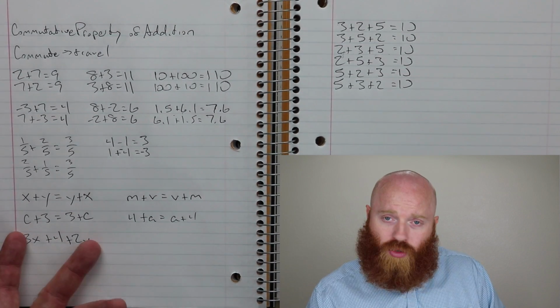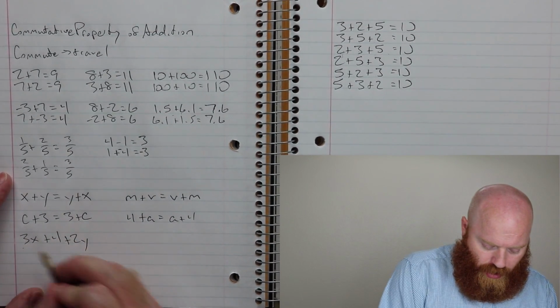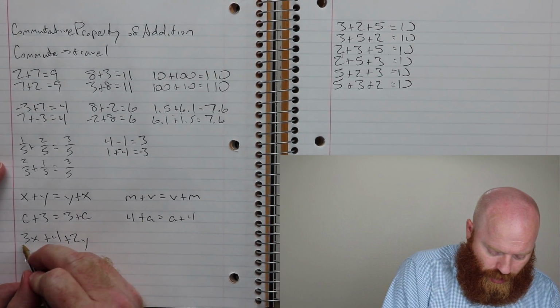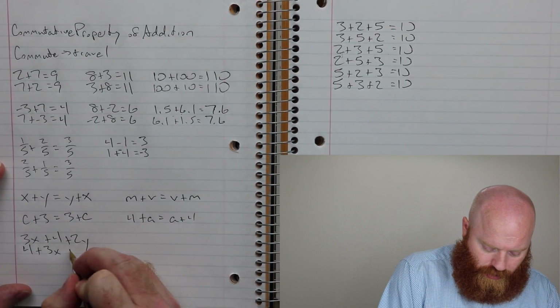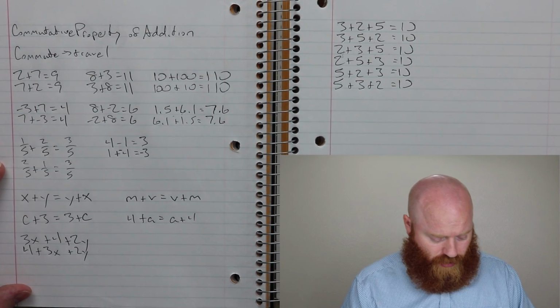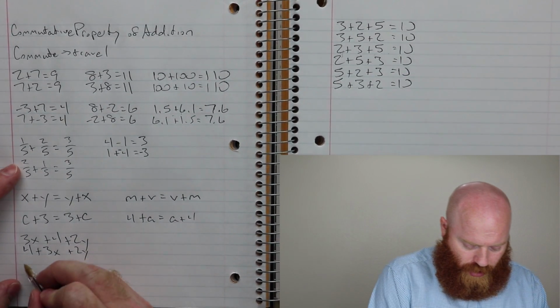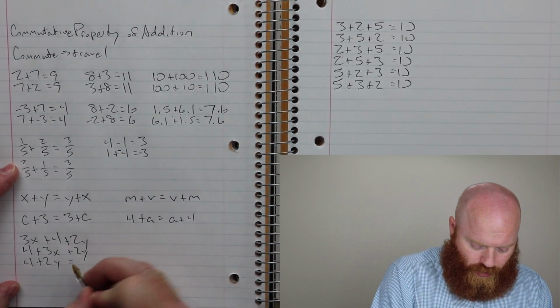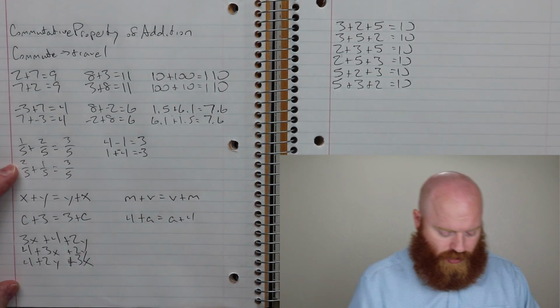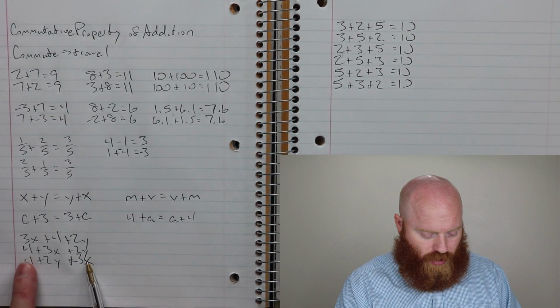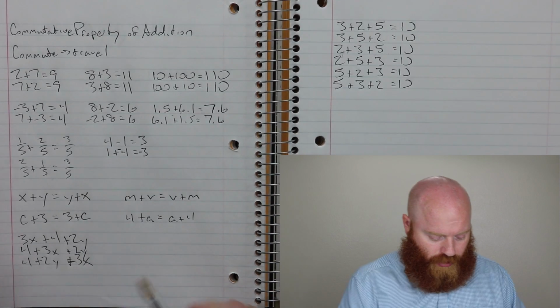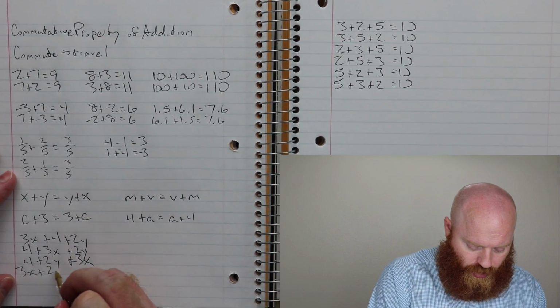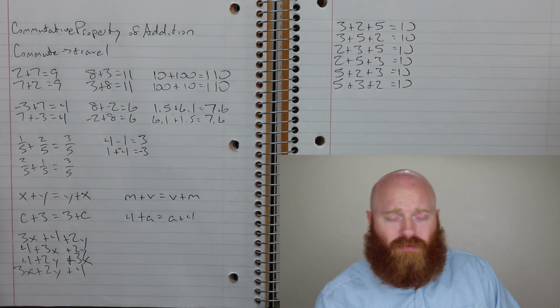I can switch the 3x and the 2y. I'll switch right now the 3x and the 5. I'll put 5 plus 3x, keep the 2y at the end. No big deal. I can switch these two: 5 plus 2y plus 3x. I can switch the first and the last. So it says 2y plus 3x plus 5.